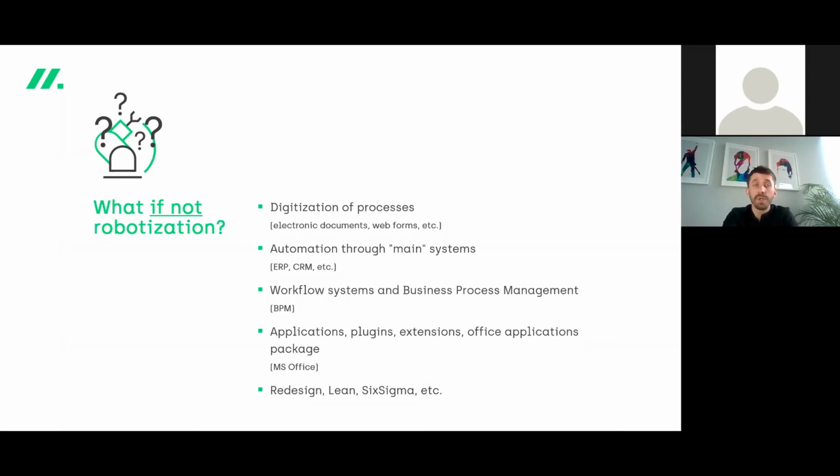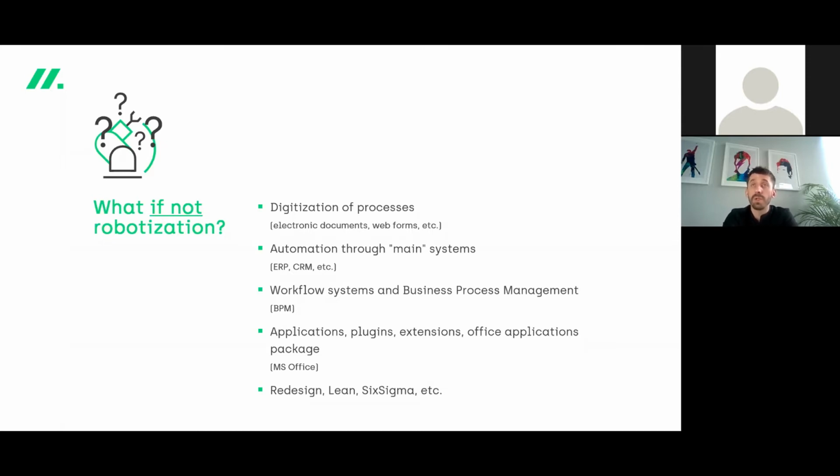So what if not robotization? First of all, we should think about digitalization of the process using electronic documents, web forms, ERP systems, or CRM systems. Then we should think about automation through our main systems in our company.